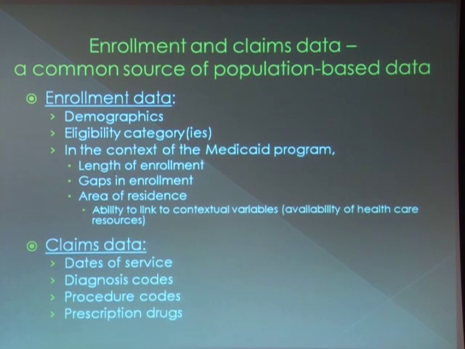The area of residence is very interesting no matter which database you use. What it allows you to do is to look at the contextual variables. So where does the person reside? What kind of characteristics does that community have? What kind of resources does the person have access to? What is the poverty rate, the unemployment rate, et cetera?